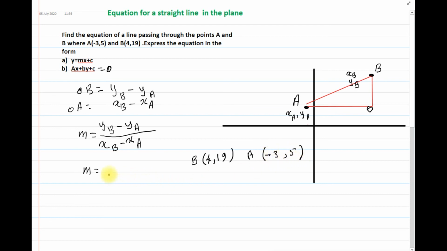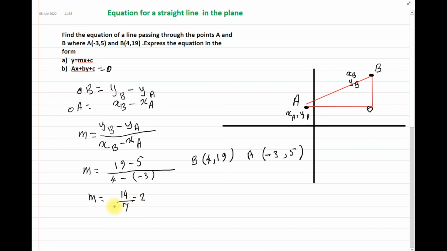So the gradient would be y of B minus y of A, which is 19 minus 5, and the denominator would be x of B minus x of A, which is 4 minus -3, which gives us M equals 14 divided by 7, which is equal to 2.